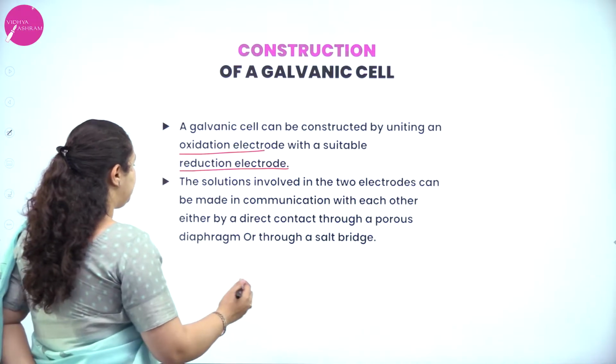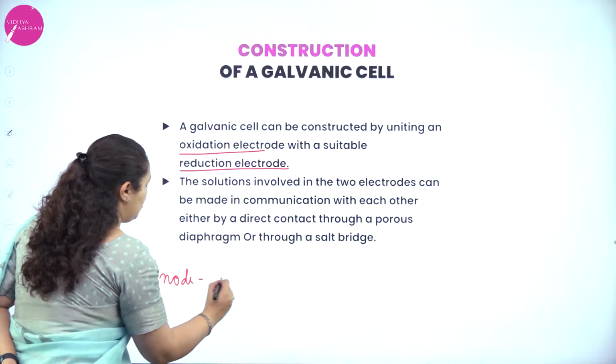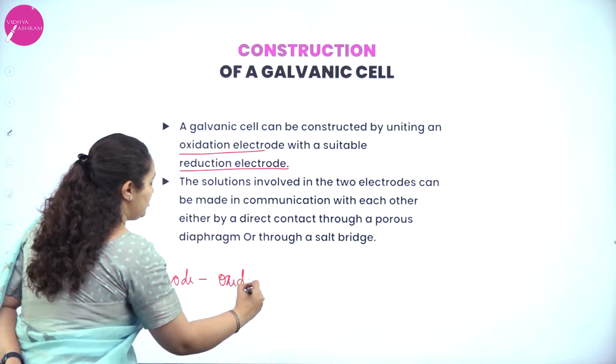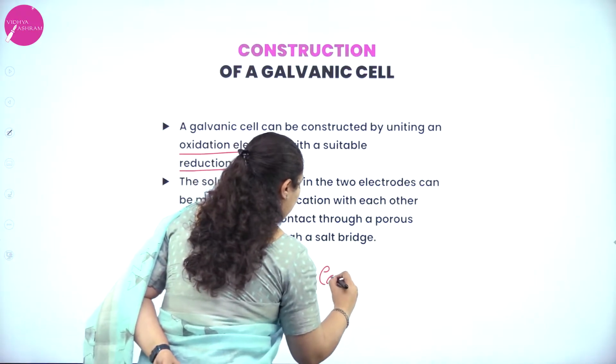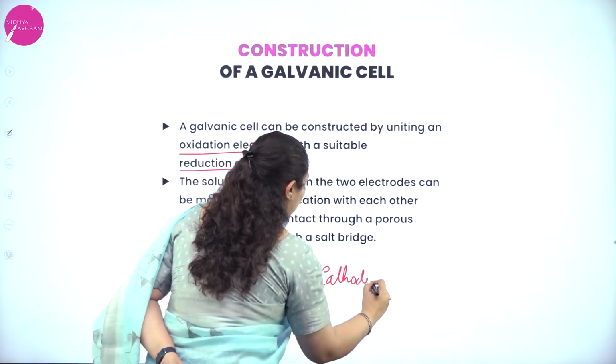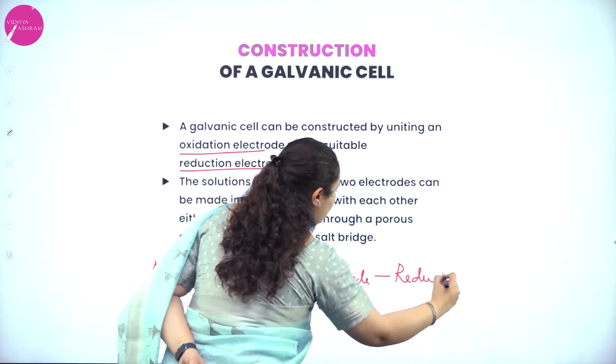So what is it? Anode is an electrode in which oxidation takes place, and cathode is the electrode in which the reduction reaction takes place.